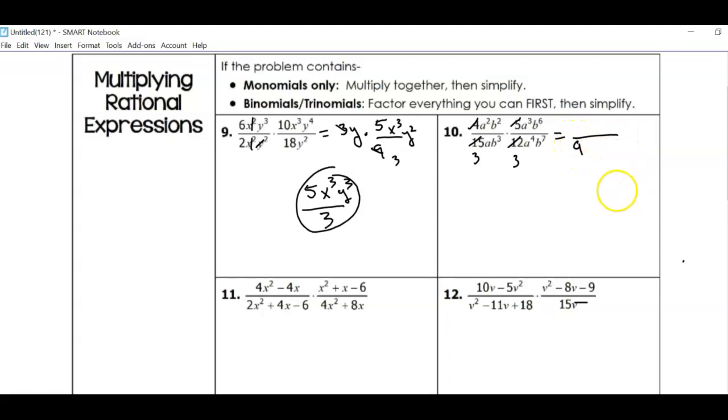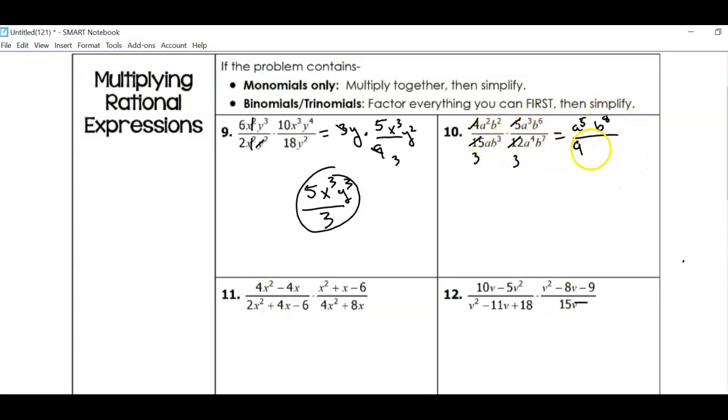And now I can start messing with my variables here. Okay, so now variables I just multiply across and then cancel. So I can see them all. So this is a to the 5th. And I have b to the 8th.